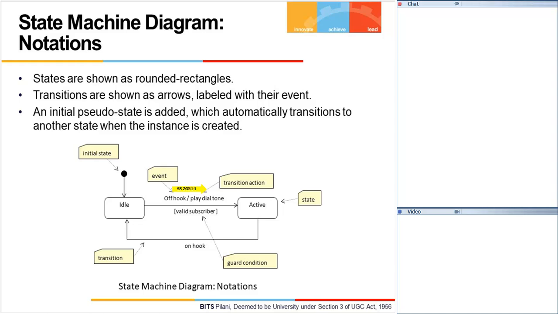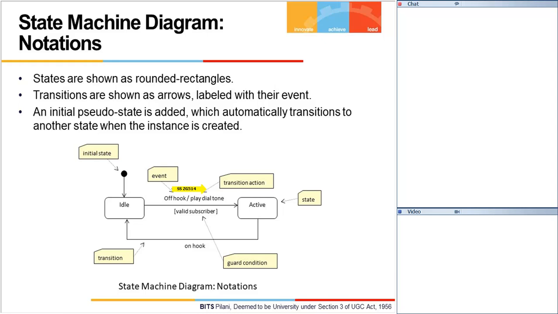What is the difference between event and action? Event is a trigger which causes the transition to happen. Action is the subsequent action that will be taken when the transition happens, right? You will understand this more when I take up my next example, right?